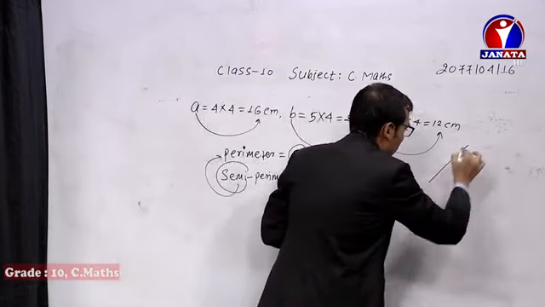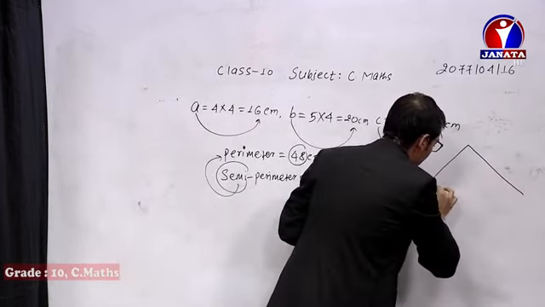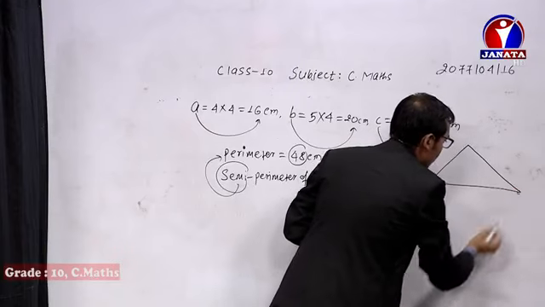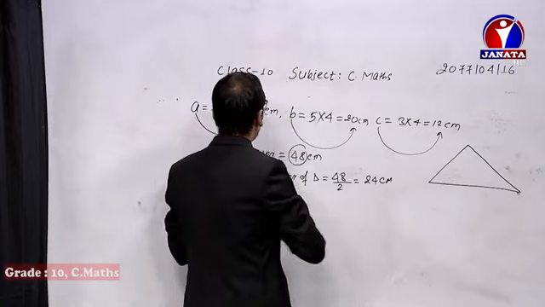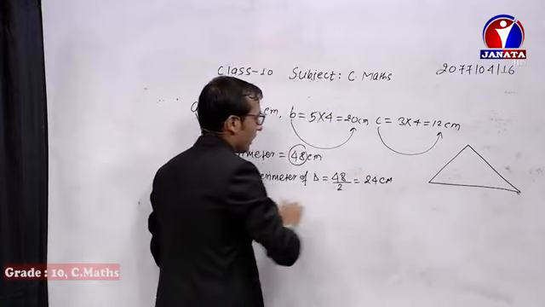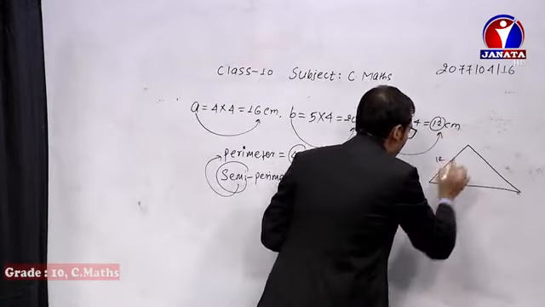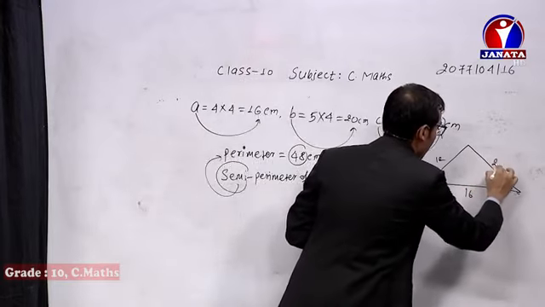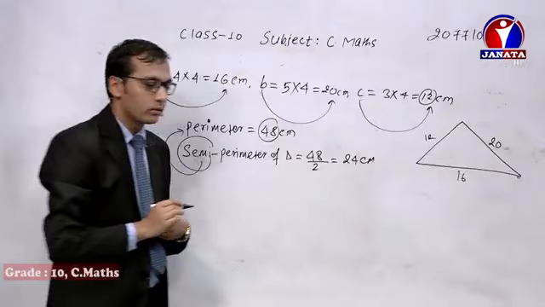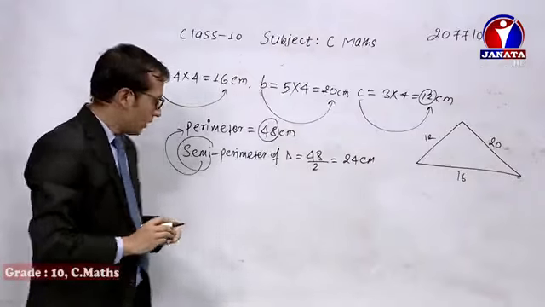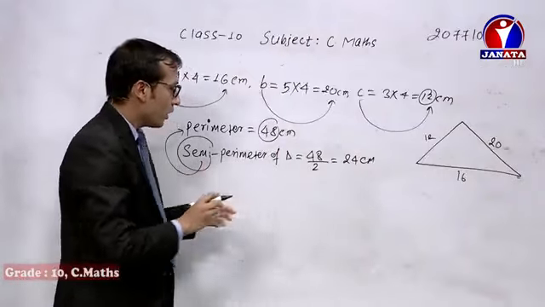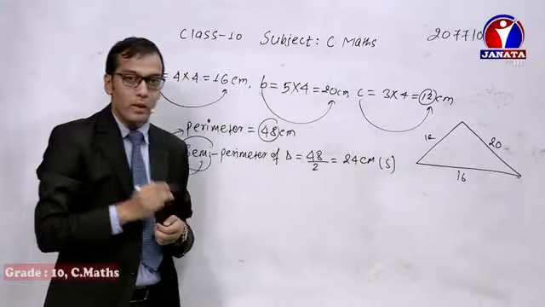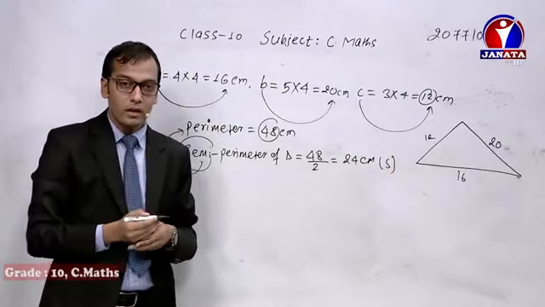Let me draw a triangle here. This is a scalene triangle where its sides are different in length. What is the smallest side? 12. Remaining two sides 16 and 20. Okay, now after knowing semi-perimeter, we denote semi-perimeter by S. Now we can find area.